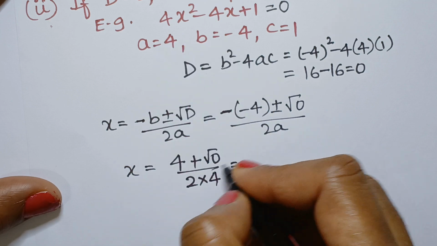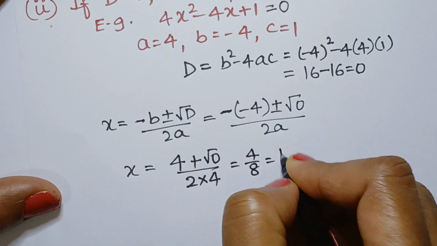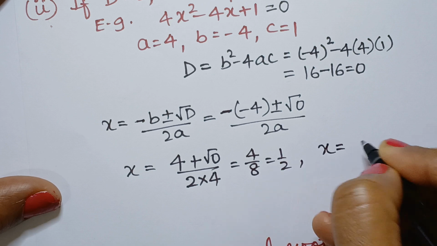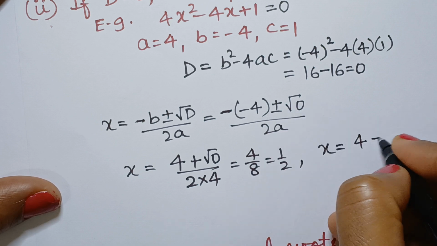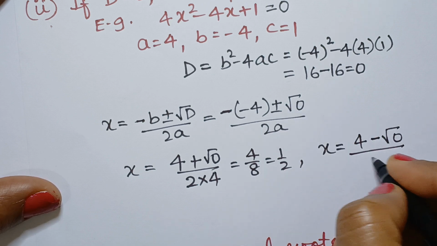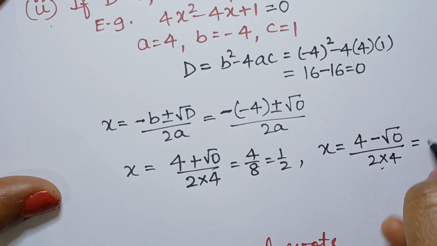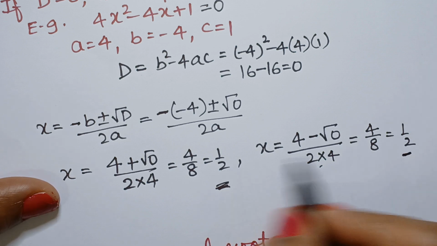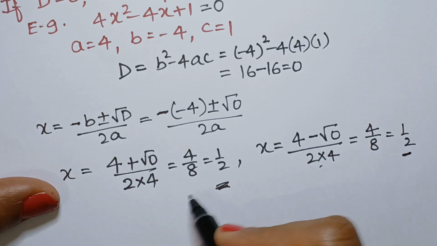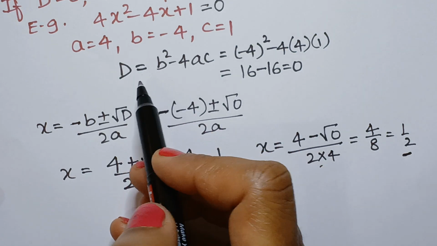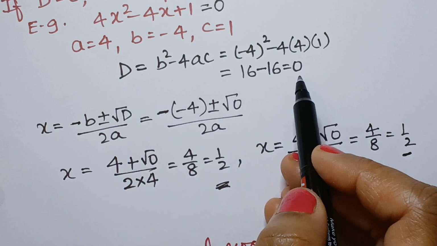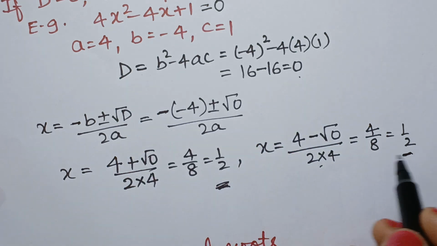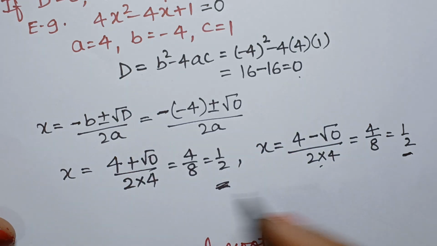So I will get 4 plus 0 by 8, which is 4 by 8, that is 1 by 2. Now let us check for minus as well. Now in place of plus, I will have minus. So 4 minus 0 by 8 will again be 4 by 8. Now you can see that I am getting two equal real roots here. If D is equal to 0, I am getting two equal real roots.